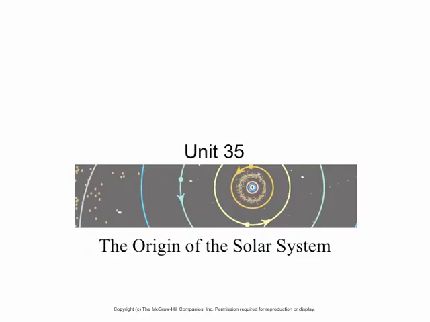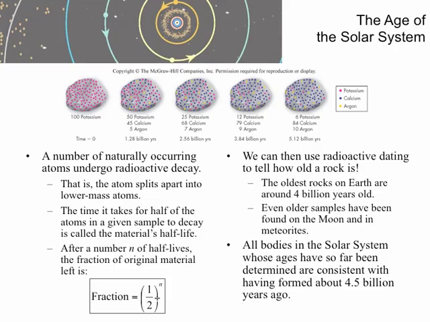The next unit is a review of the origin of the solar system, which we've already discussed when we talked about the history of the Earth, so I'm going to go through this relatively quickly. We talked about dating, figuring out how old the solar system is.